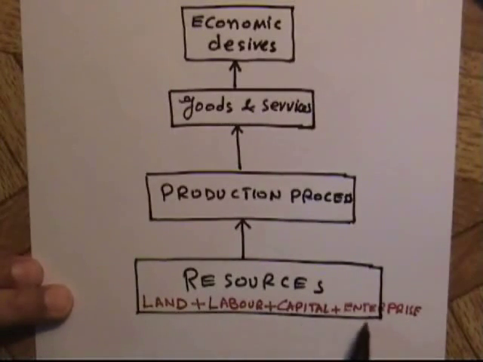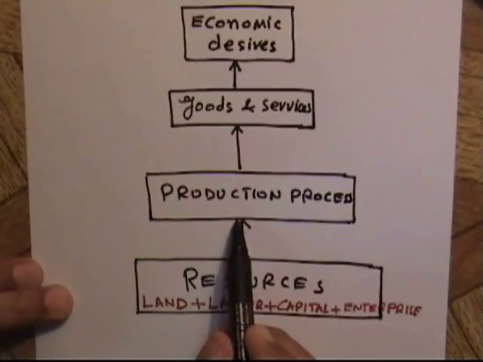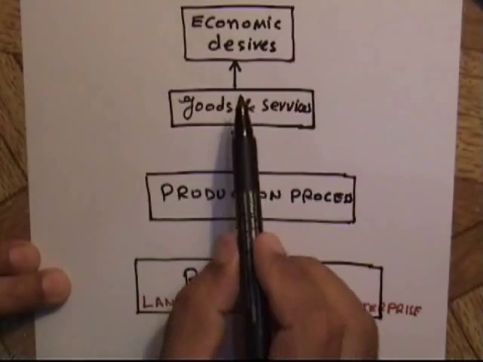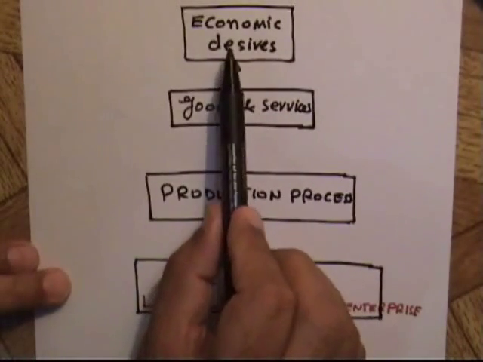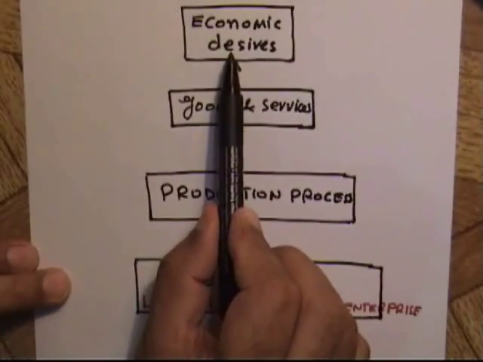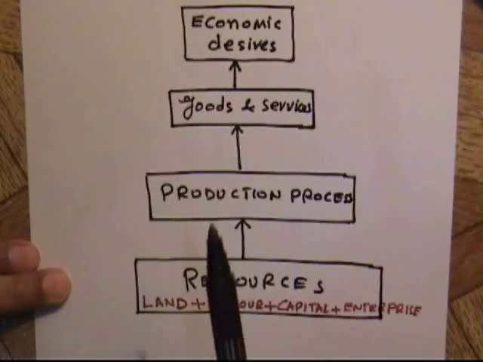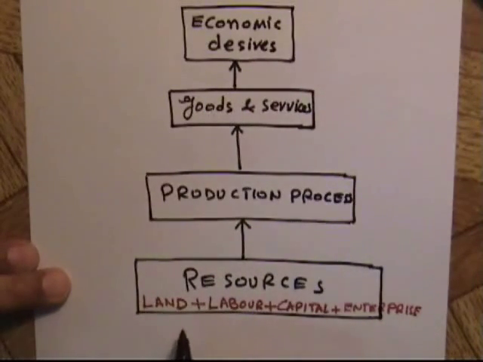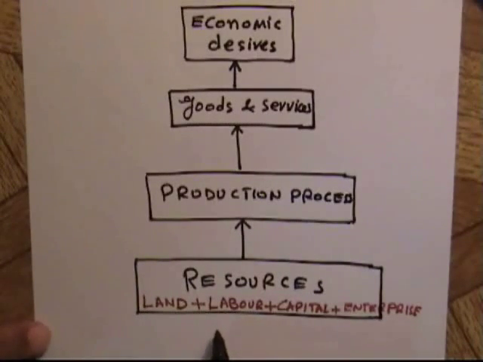With the help of these four factors, we produce goods and services. And these goods and services are used to satisfy human desires. So resources play the most important role in all economic activity. Now we go to slides and try to understand the definitions of land, labor, capital, and enterprise.